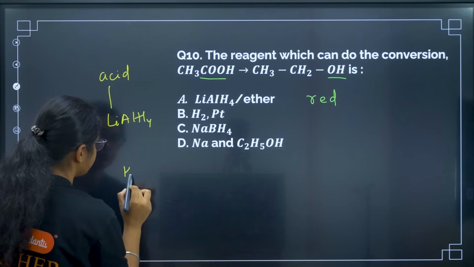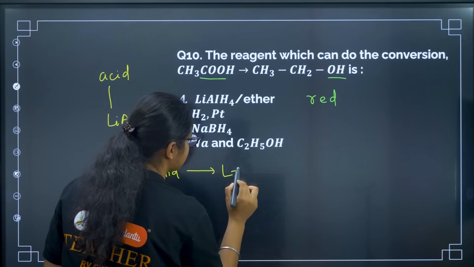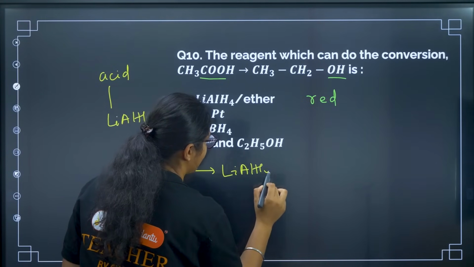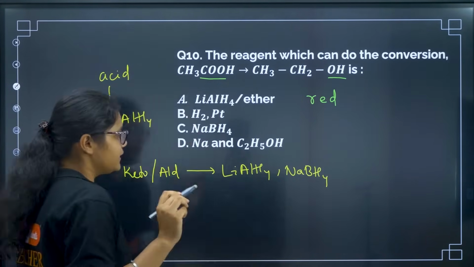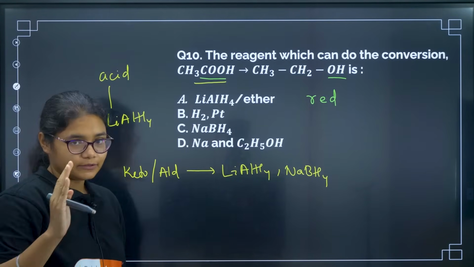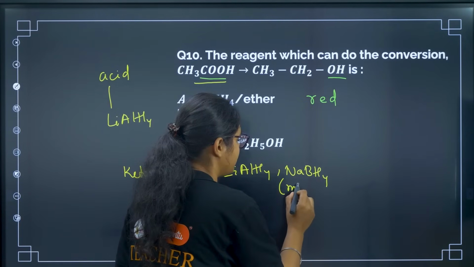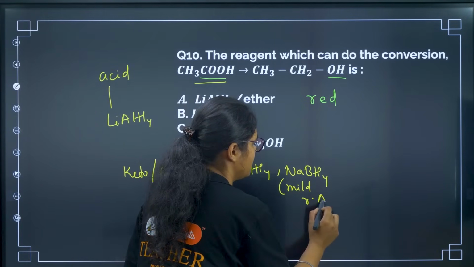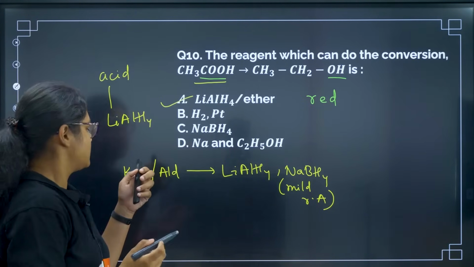But if you have ketone or aldehyde group, we can use LiAlH4 and we can also use NaBH4. So the point here is any acid group cannot be reduced by NaBH4 because it is a mild reducing agent. Okay. So the correct answer here will be lithium aluminium hydride.